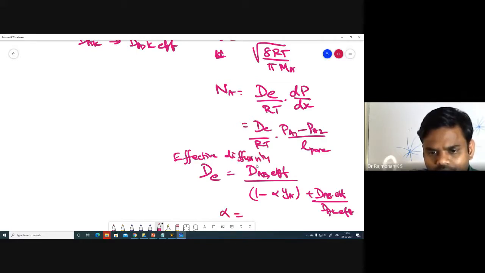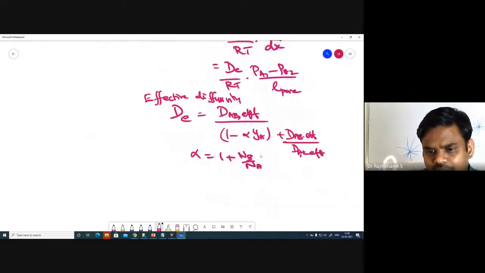The alpha value is 1 plus NB by NA. Sometimes alpha can be 0, for equimolar counter diffusion, that is NA equal to minus NB, in which case you get 1 minus 0.